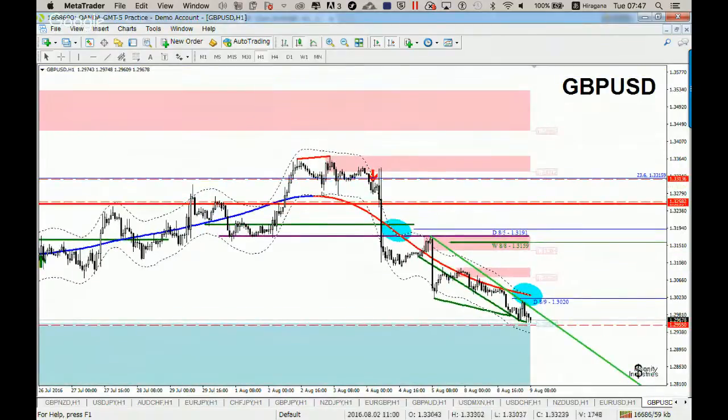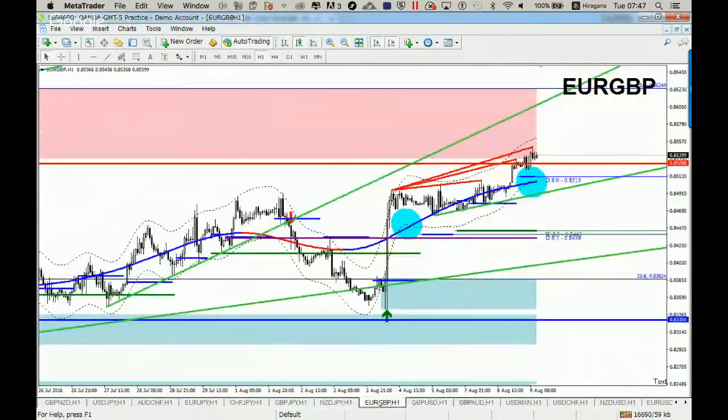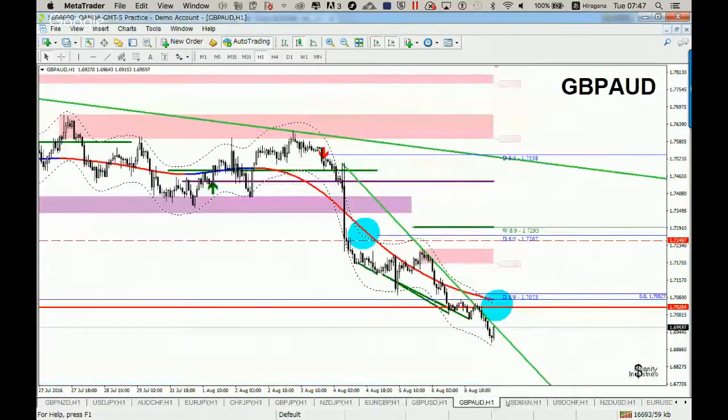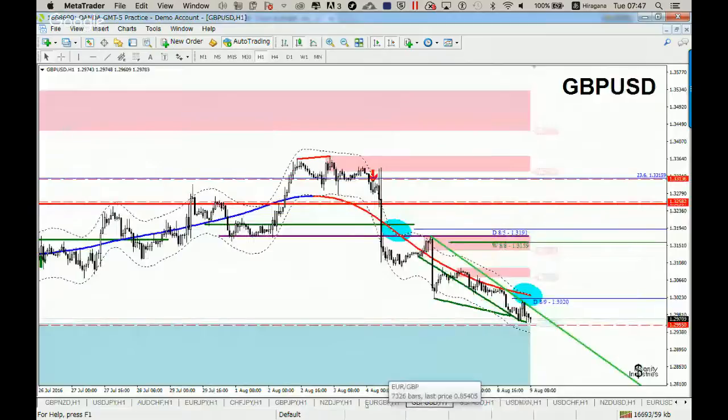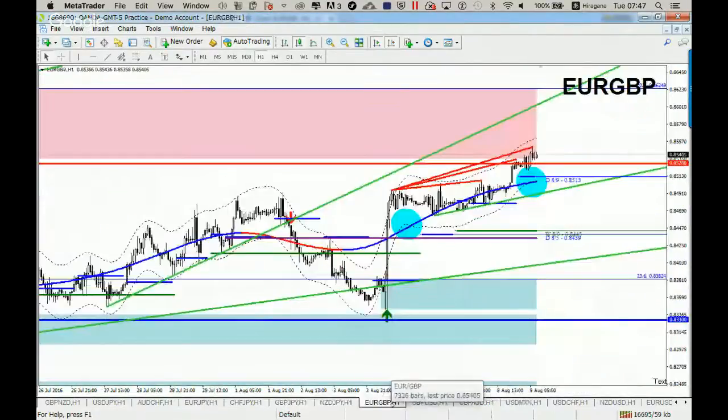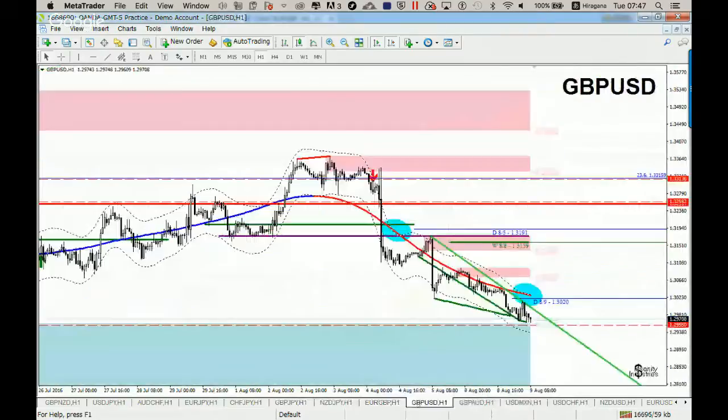Pound dollar, even though this pair is really bearish right now. So the two things I really like are the euro pound sell, or not the euro pound sell. Which one was it? Yeah, the pound dollar buy. There was something else I was looking at.